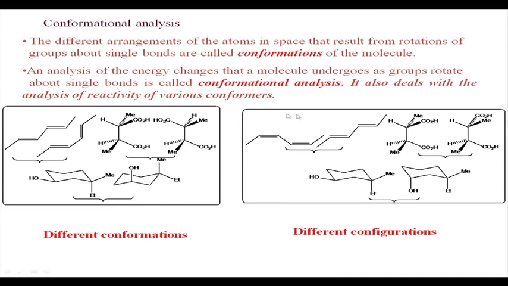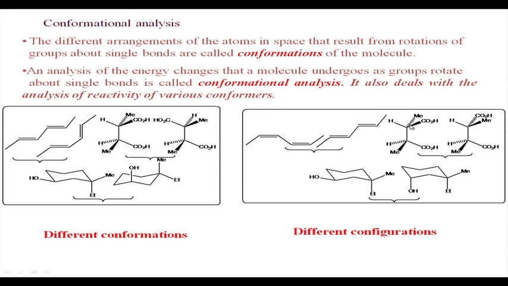Of course, configuration has another important aspect, not only double bond. If you have a chiral center, then also configuration can be R or S. So suppose I have this molecule where there are two chiral centers, and I rotate this carbon around this carbon bond, so that the carboxy comes here and carboxy goes back.